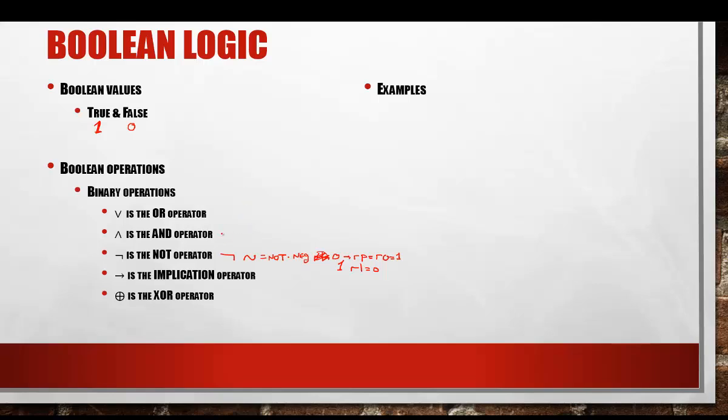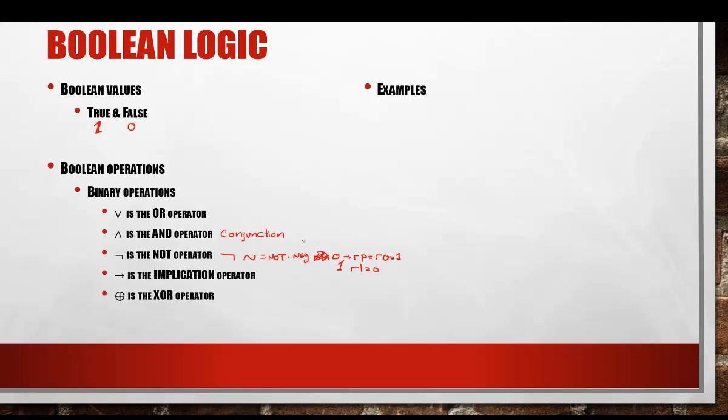The next operation I want to talk about is conjunction, or AND. We also call this a conjunction operator. What this does is that it takes the logic of two values, two statements, and ANDs them with each other, and it's going to be equal to true if both of them were true.